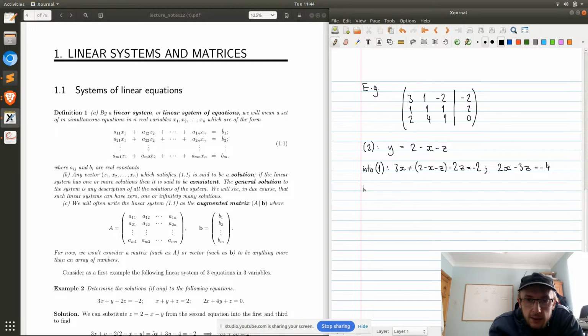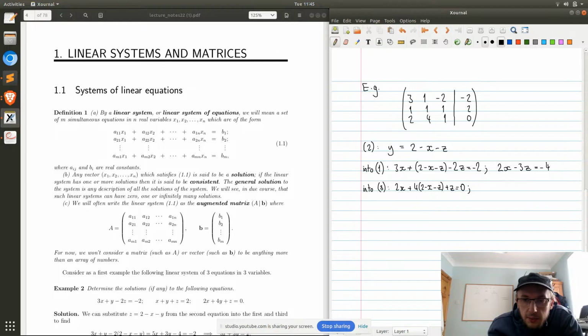And then after putting it into 1, we put it into 3. So 2x, add 4, open brackets, 2 take x take z, add z, equals 0. So rearrange that now.